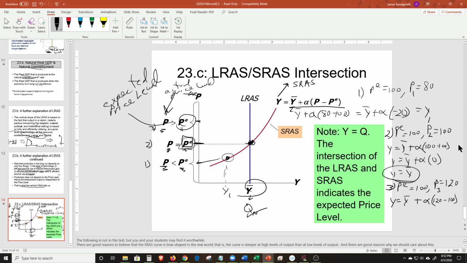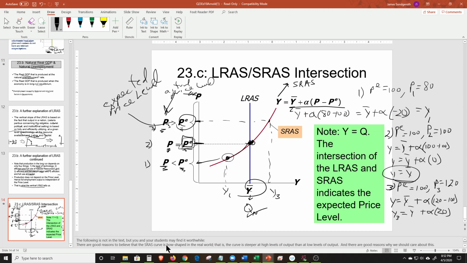This is called the adaptive expectation, or a little bit further, rational expectation model. So y is going to equal y hat plus alpha times 20. So obviously y3 is going to be right here. And that's going to be connected to P3, okay?